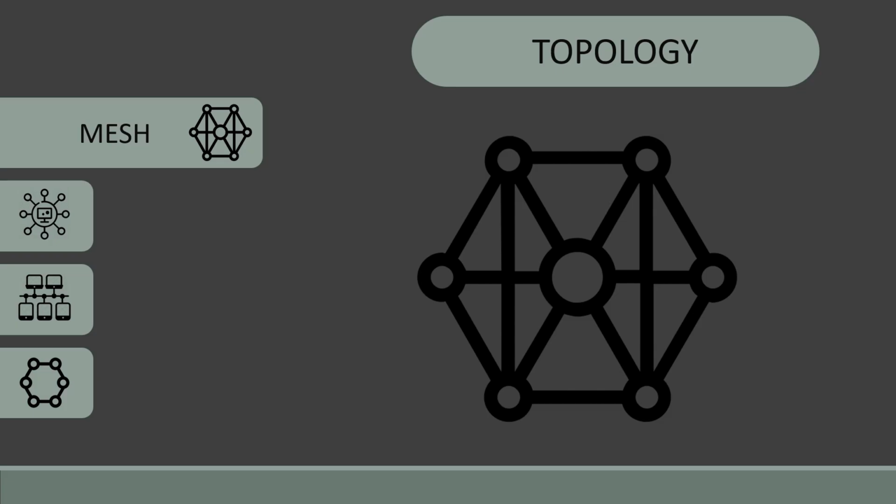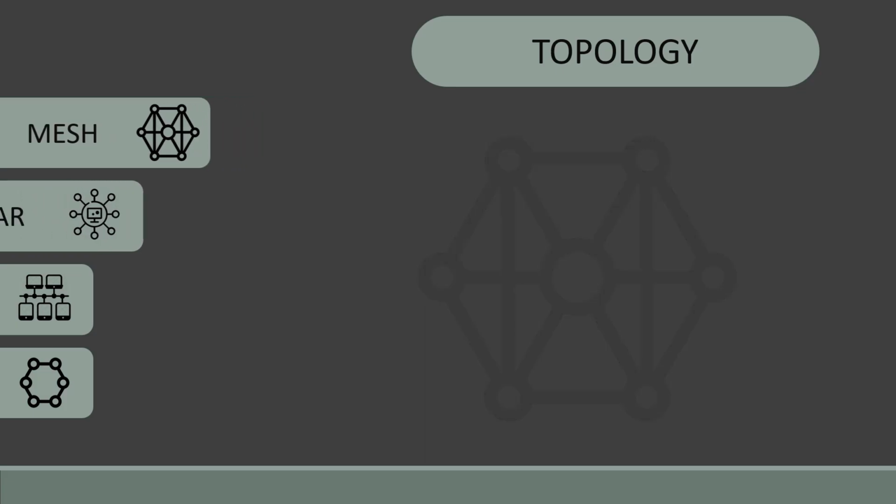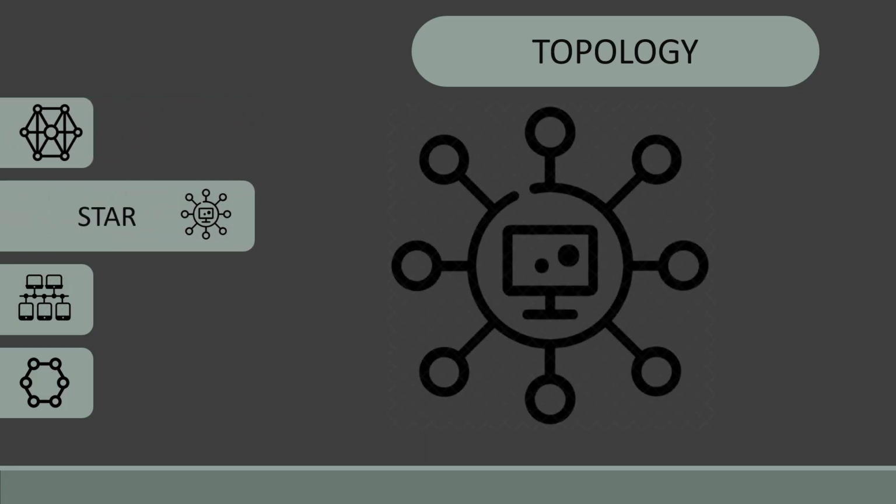Now moving on to our next topology, we have star topology. In star topology, each device has a dedicated point-to-point connection only to a central controller, which can be a hub or a switch. The hub acts as a repeater for data flow.